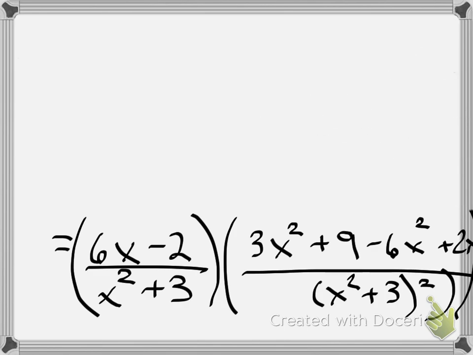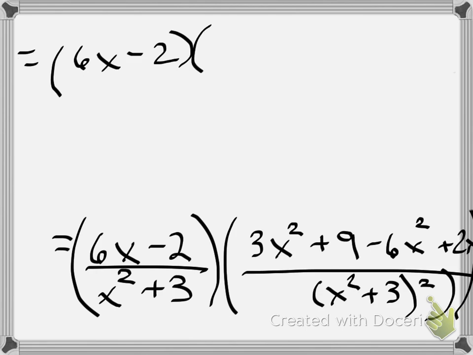Now we're multiplying 2 fractions together. We should probably clean up the top a little bit. Let's leave that 6x minus 2.